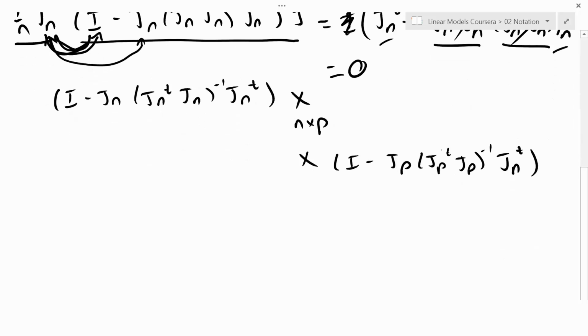And we've seen that if we multiply this matrix by J_n transpose on the left, or J_n on the right, it will give us 0.